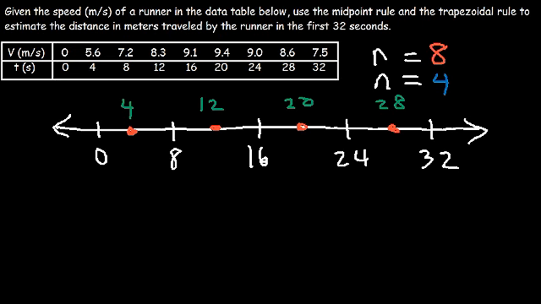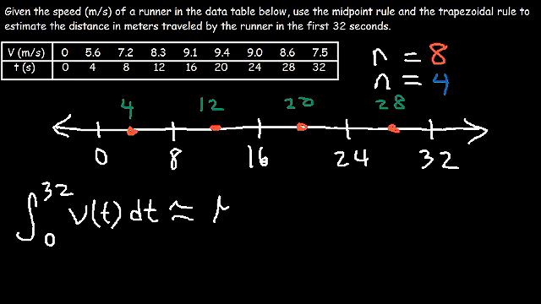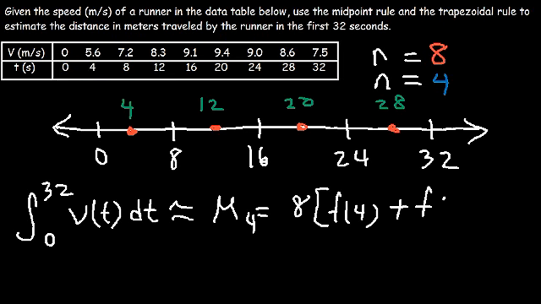So therefore, the value of the integral from 0 to 32 of v of t dt is approximately equal to M of 4, which is equal to delta x. Delta x is 8 times f of 4 plus f of 12 plus f of 20 plus f of 28.